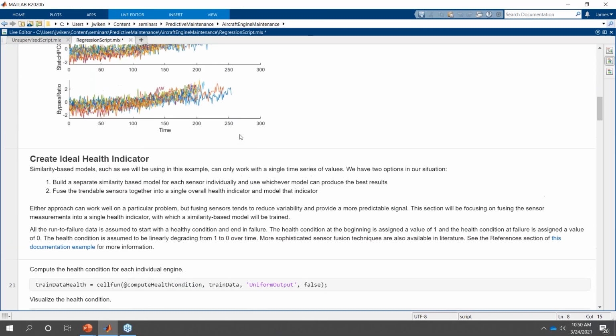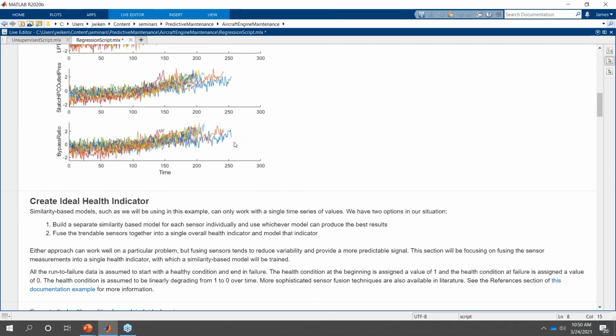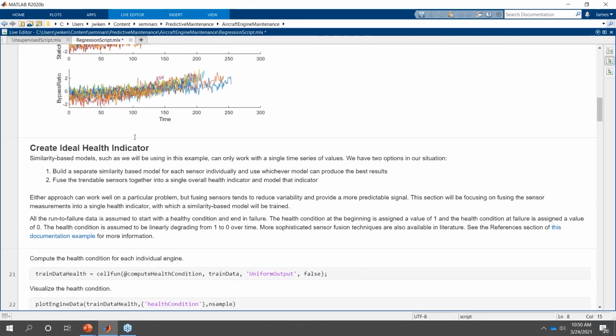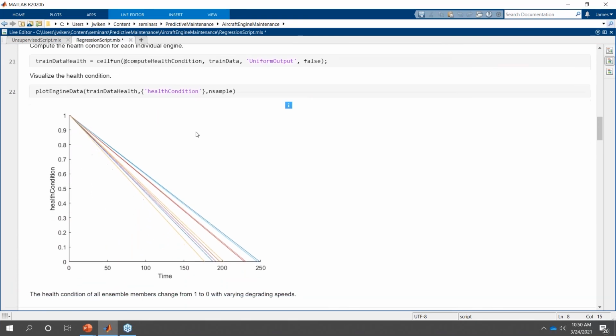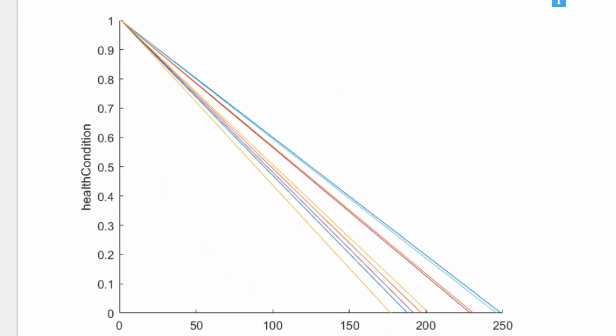But once we have that, we're going to create what's called an ideal health indicator. This is the value that we're going to use to determine the current health of the system. Now, we're going to eventually use these sensor values to estimate what that might be, but first we're going to create what it should be or what we think it would be in an ideal state. And in our case, we create something that looks like this.